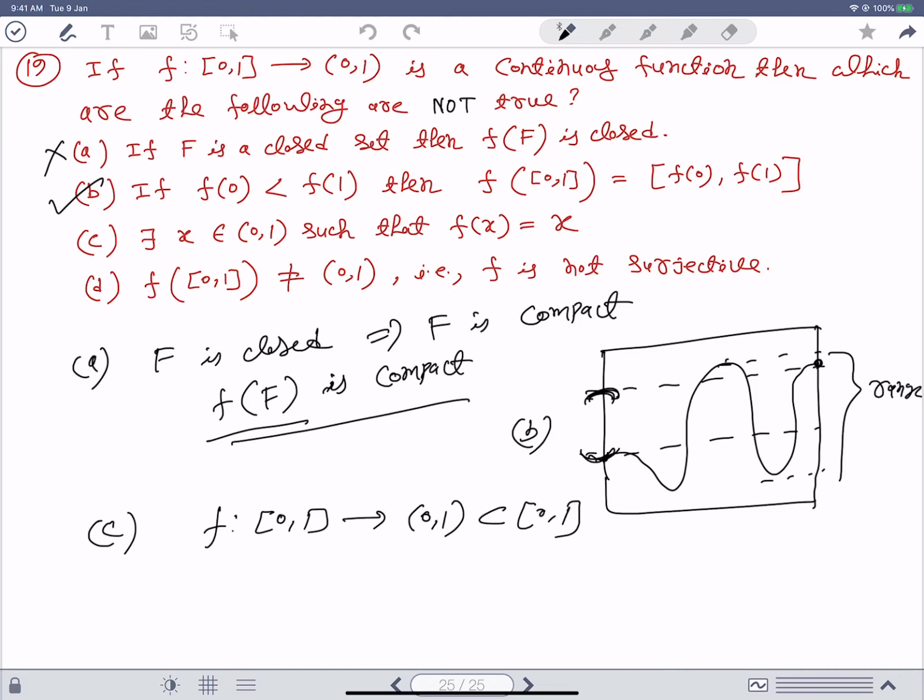So we can think the function f is from closed 0, 1 to closed 0, 1. So it must have a fixed point. We know that. This is called the fixed point theorem, right? So it must have a fixed point. So we have to cross this one.